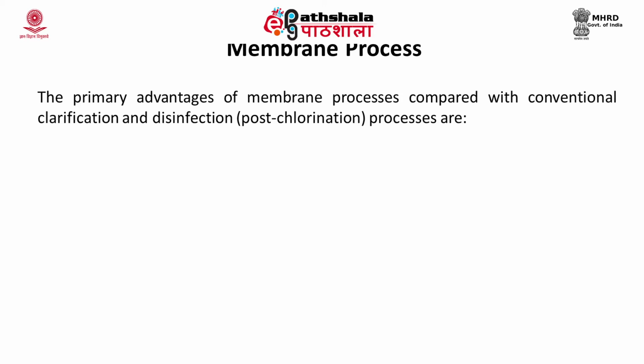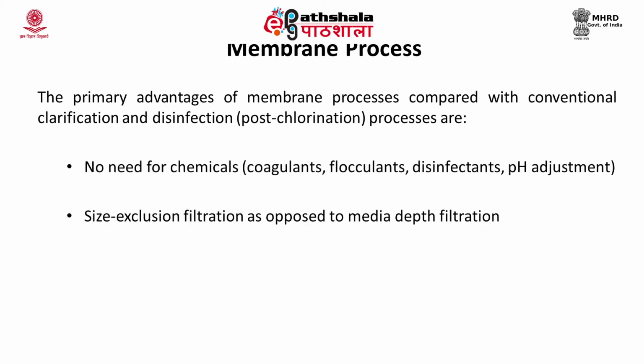The advantage of these membrane processes is that there is no need for chemicals. In other processes, coagulants, flocculants or disinfectants are added to the water, but in the membrane processes there is no need to add any chemical. The second advantage is size exclusion filtration.